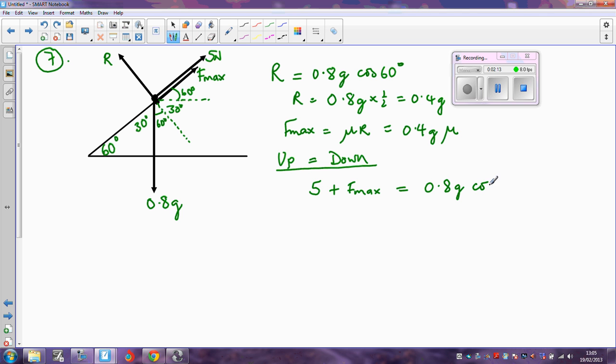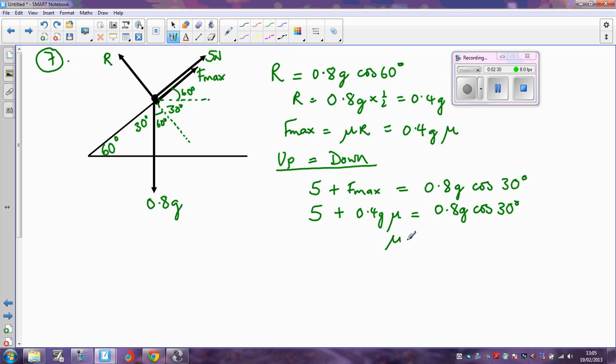g cos 30 degrees. Now if I just substitute in here, I already know that F max is 0.4g mu, and the right hand side is just still 0.8g cos 30 degrees.